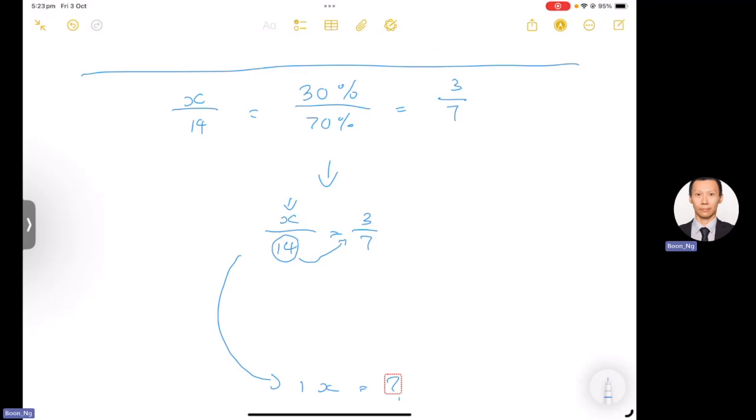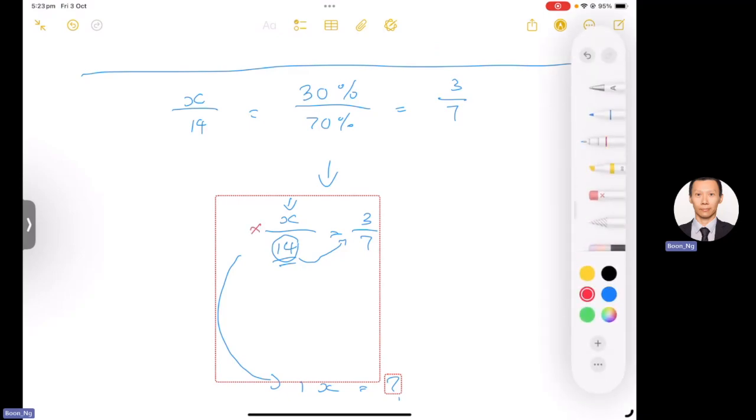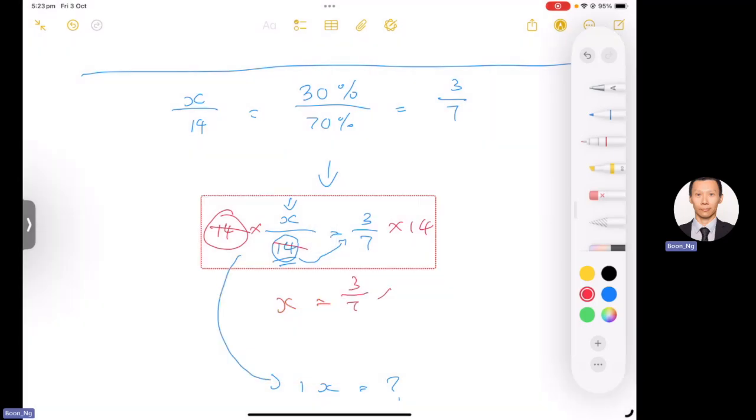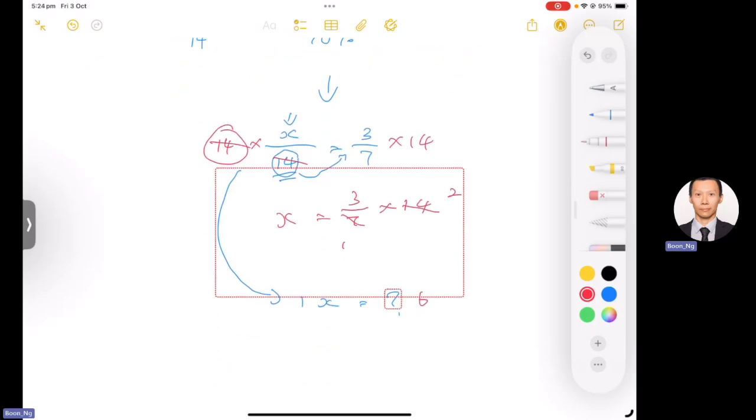So we have to get rid of this 14, so we need to multiply by 14 to cancel this one out. Because we multiply 14 on the left, we need to multiply on the right as well. So x is equal to 3 over 7 times 14. We work on it. 1x equal 6.